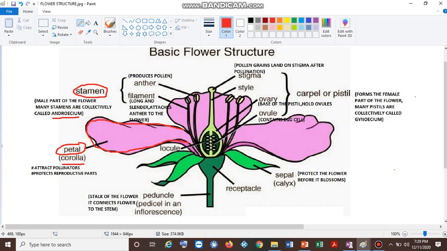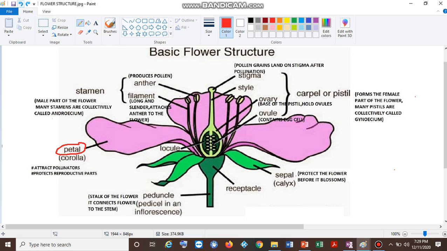Now, a typical stamen further consists of two parts, anther and filament. Now see, this one is the anther part, the lobed structure. This is the part that produces pollen grains. So inside anther, pollen grains are produced.